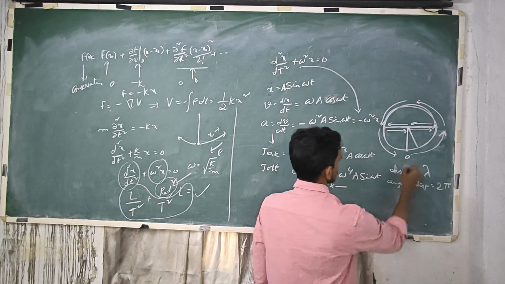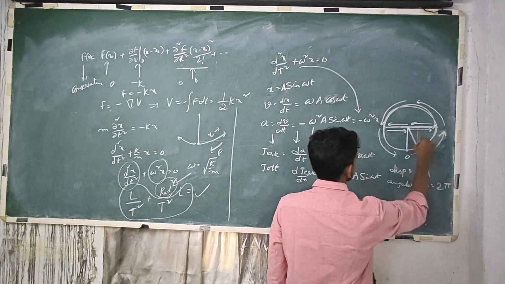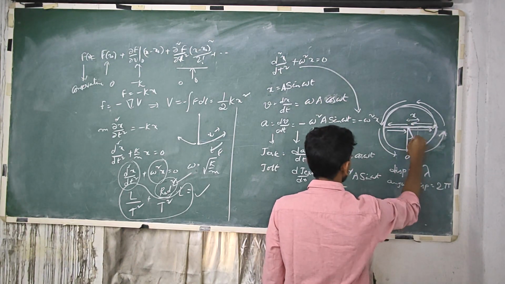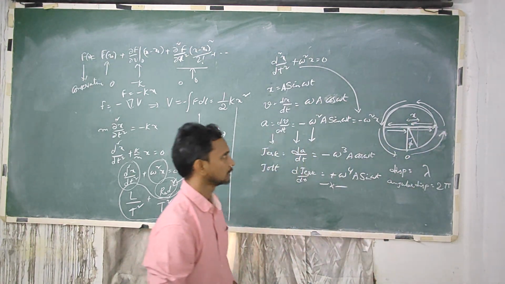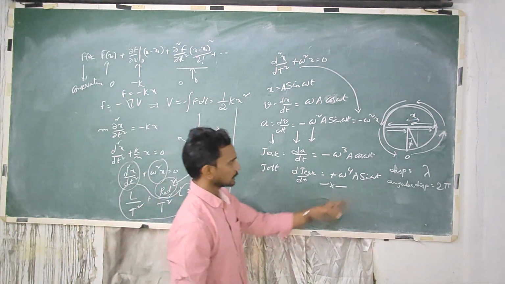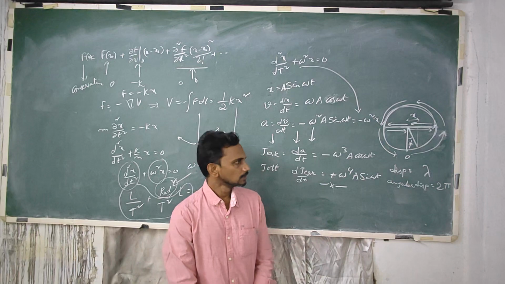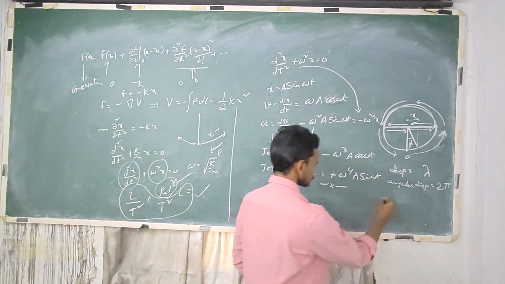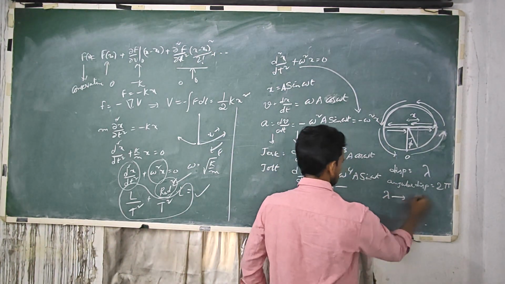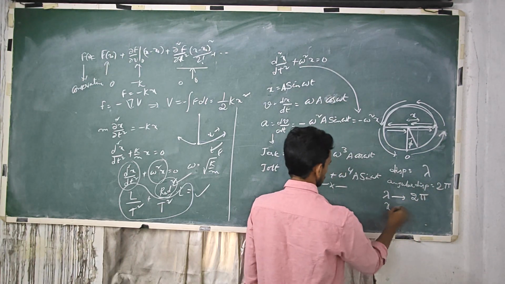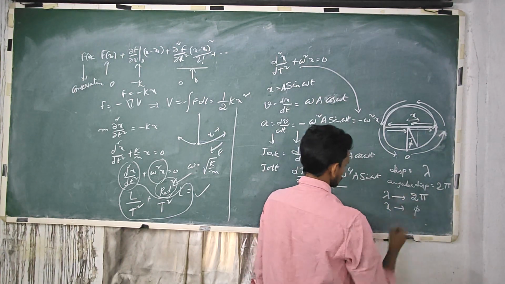If I consider a very small displacement, let's say I call this x, and I call the fractional displacement x and the fractional angular displacement phi. Then for lambda displacement you have 2 pi as angular displacement, and for x you get phi.